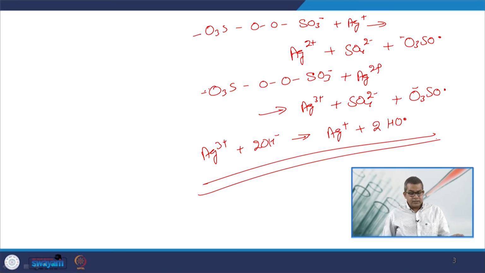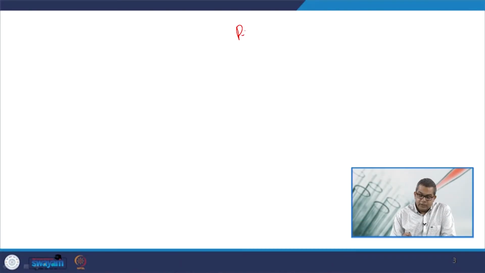Now, we were discussing the persulfate with the oxyacids. So, let us have another example related to this, that is persulfate with oxyacids.